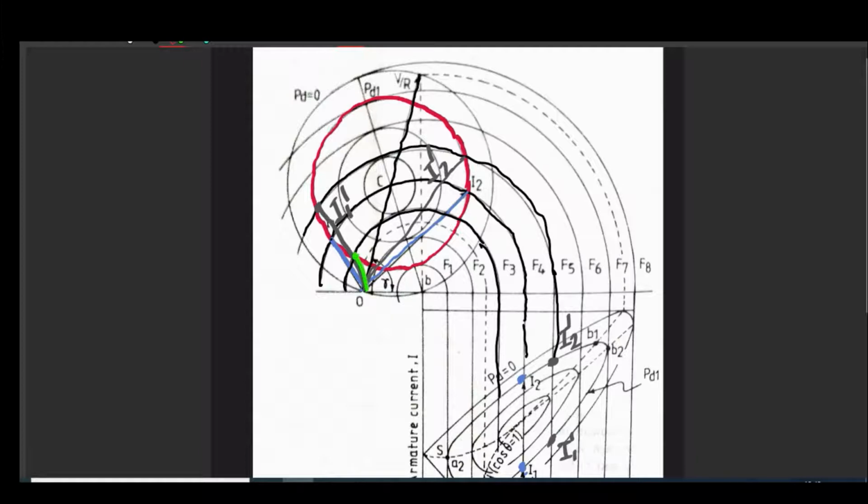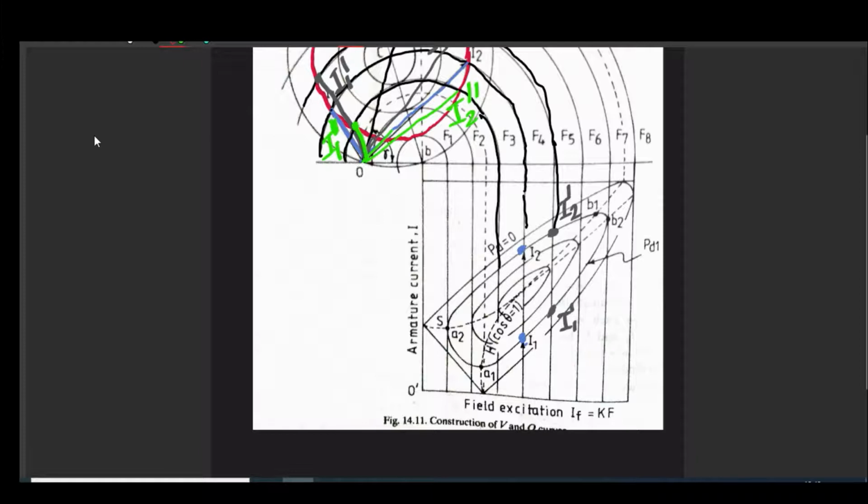Your I1 dash and I2 dash, right? So this is our I1 double dash, I2 double dash.